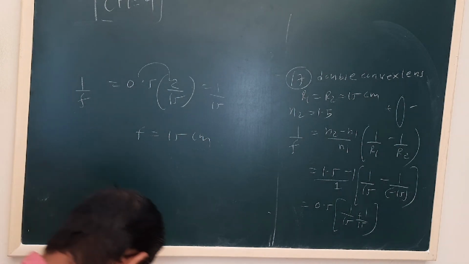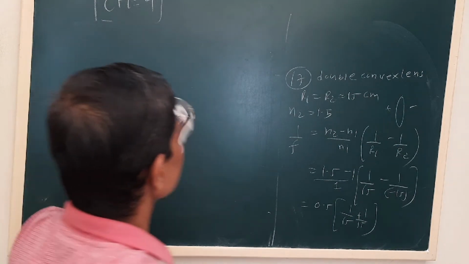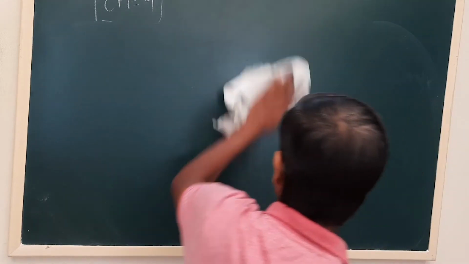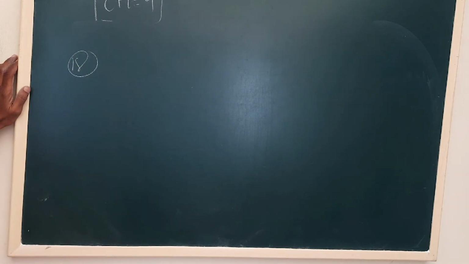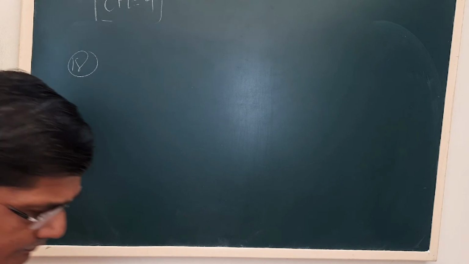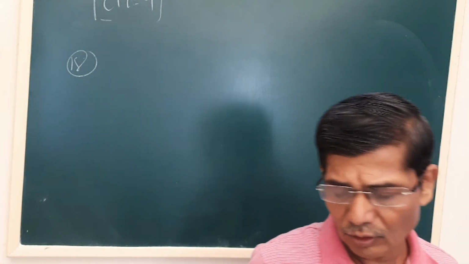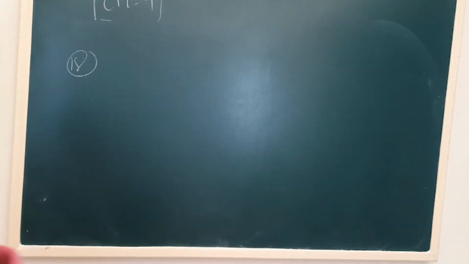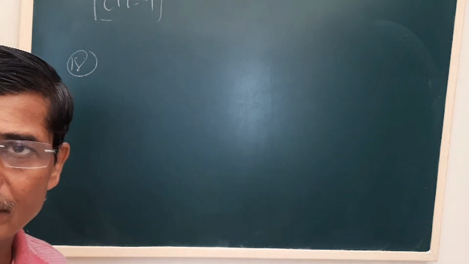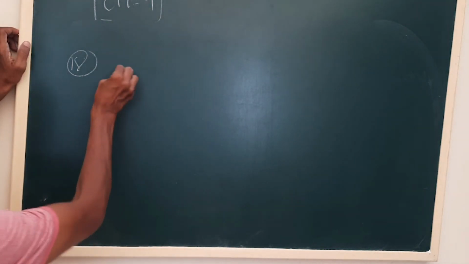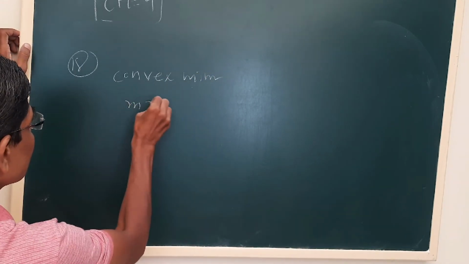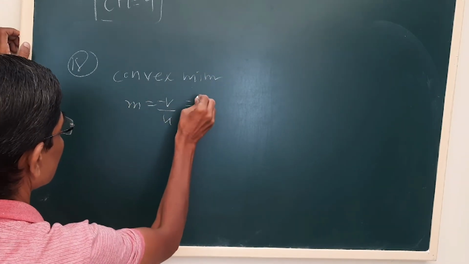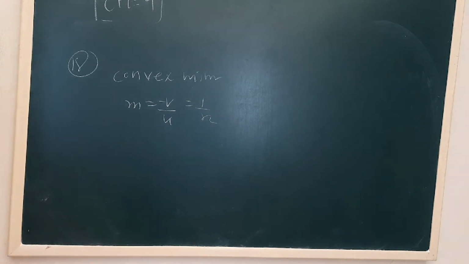Now see the next MCQ. A convex mirror gives an image n times smaller. Now we should be clear that a convex mirror always gives a smaller image, or the image formed by a convex mirror is always smaller than the object. So m is 1 by n.